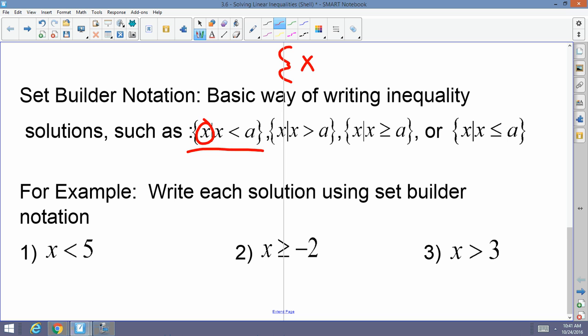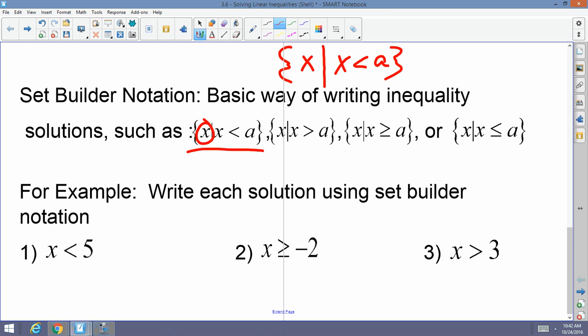You're telling the reader, this is the variable I'm going to describe right now. Then there is a straight line that goes down, which tells the reader I'm going to talk to you about x right now. In this particular case, x is less than a. And then I close with braces.